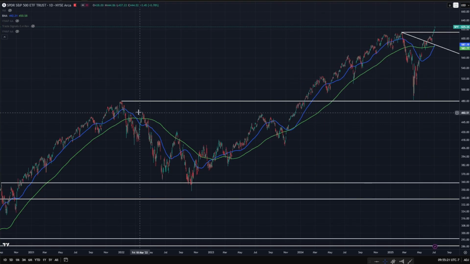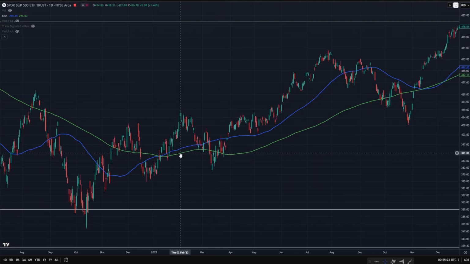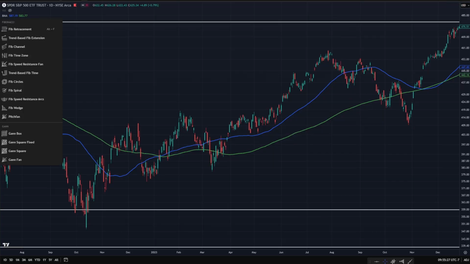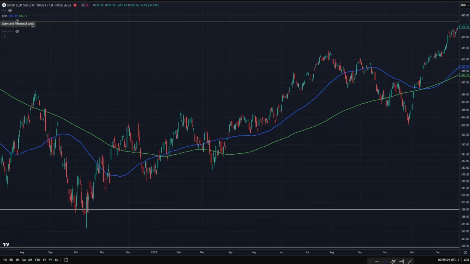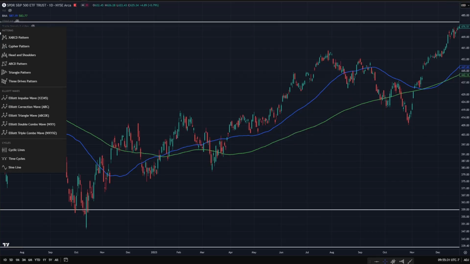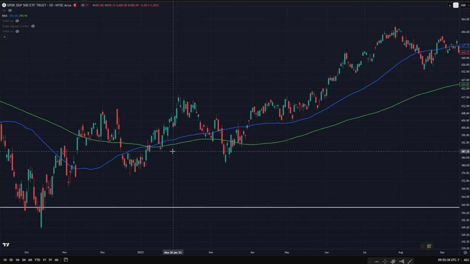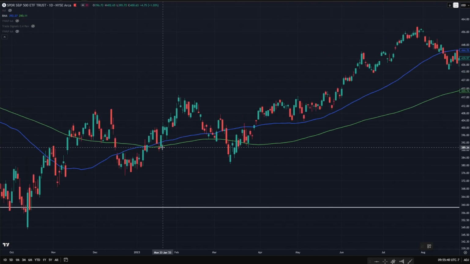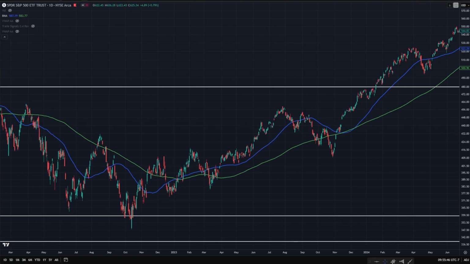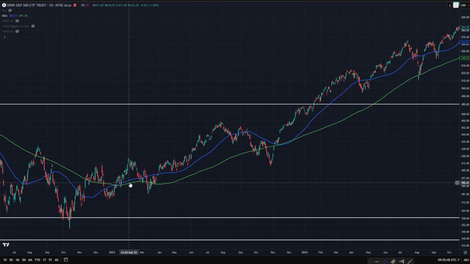But the idea is that when the 50 is above the 150 and they're both crossing up 10 degrees or more, and you can measure the degrees somewhere here on TradingView, there we go, trend angle. Just draw it when you start seeing a slope up of about 10 degrees. That tells you they're curling up enough that you can validate this is a new uptrend.